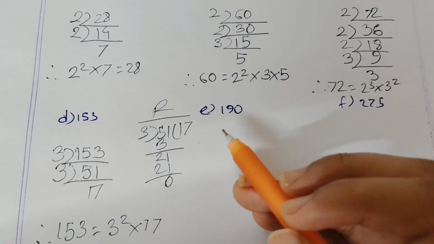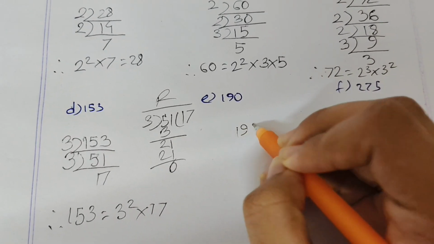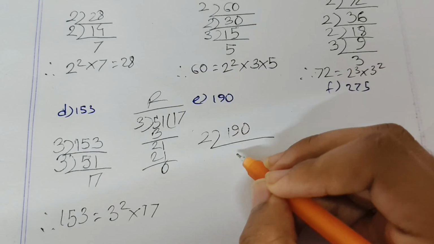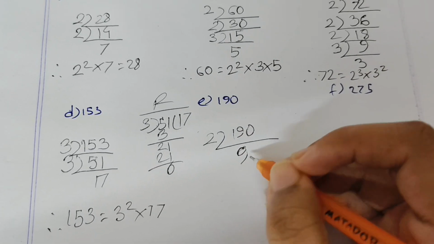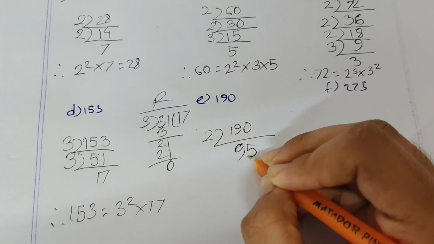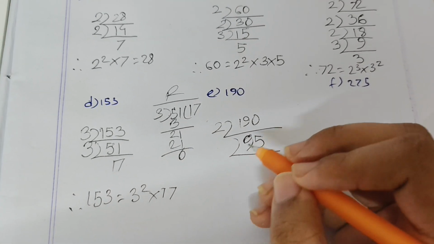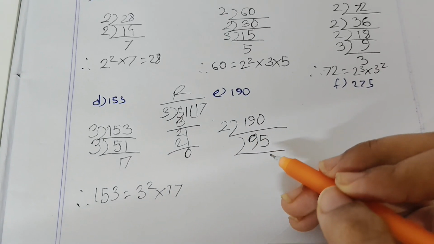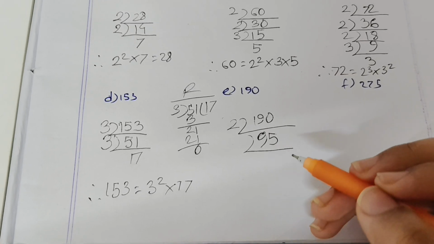153 is equal to 3 square multiplied by 17. Next, we will do 190, and 190 is divisible by 2, which leaves us with 95. Now 95 is not divisible by 2, but is it divisible by 3? Nope. It is also not divisible by 3.